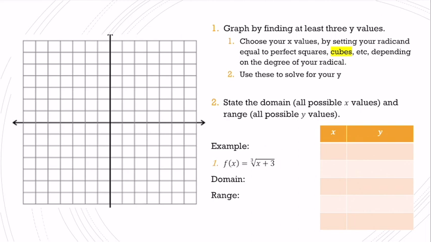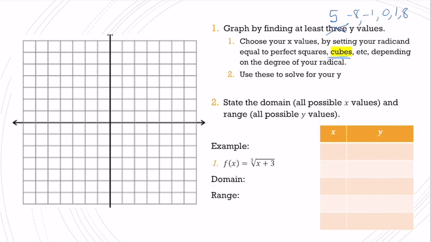Last but not least, let's take a cube root. The only thing different about these is I would recommend finding at least 5 values, okay? And you have to set your radical equal to perfect cubes. The first perfect cubes are 0, 1, and 8. Also, -1 and -8.